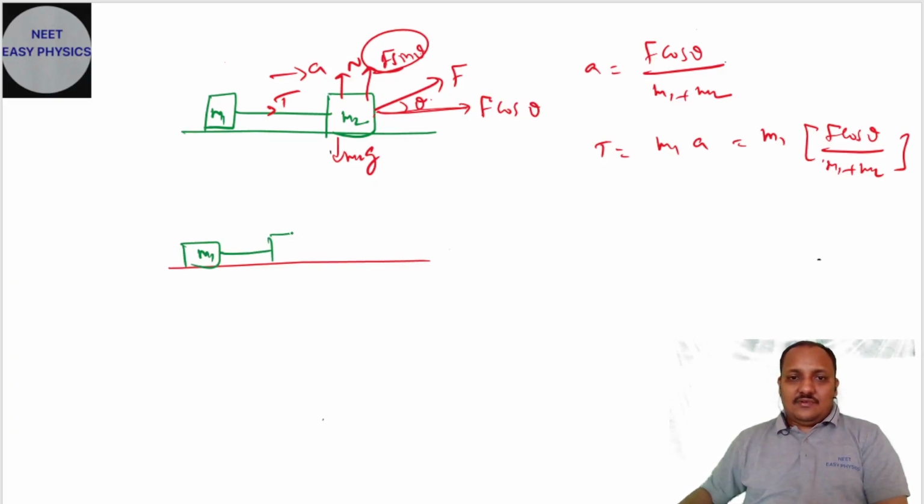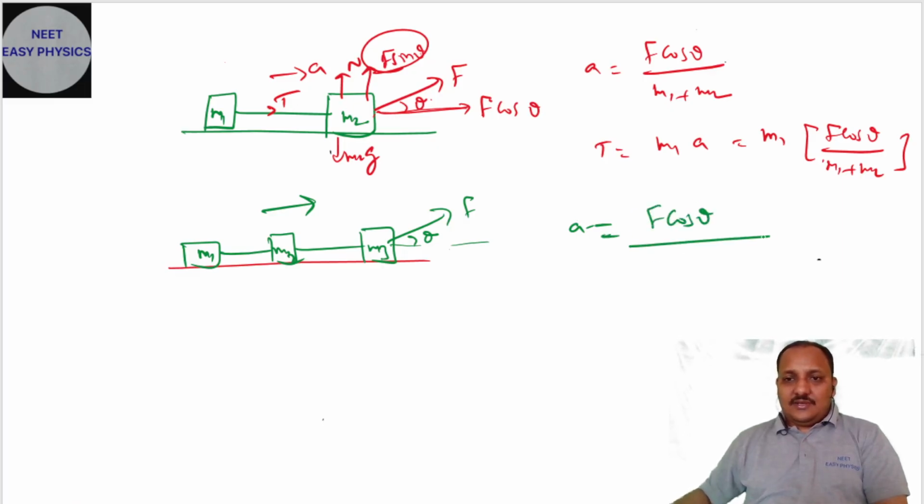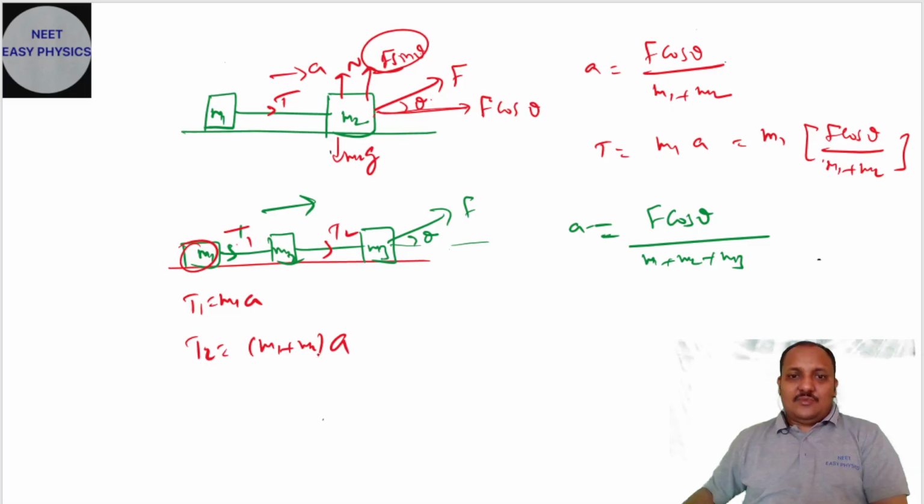M1, M2, M3: if you apply force F at an angle theta, the acceleration is F cos theta by M1 plus M2 plus M3. Now what is the tensional force? This is T1, T2. Behind T1 there is only M1, therefore T1 = M1a. T2 is (M1 plus M2)a.